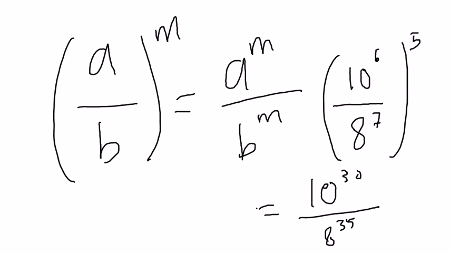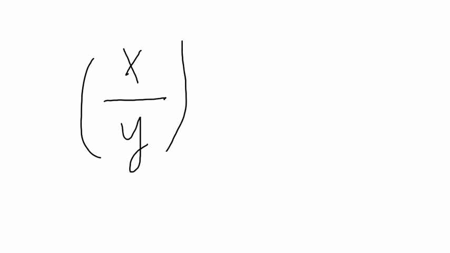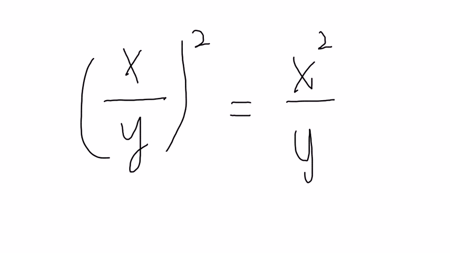If you want to look at a little simpler example, we can have x over y, squared. This will just be x to the 2nd over y to the 2nd.